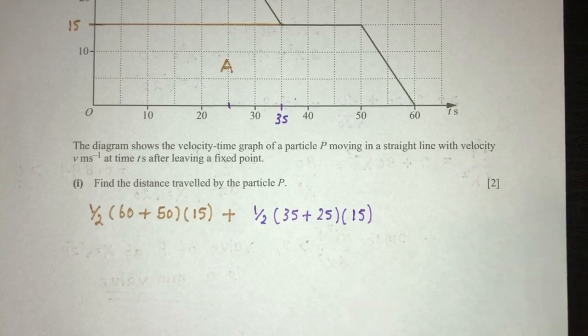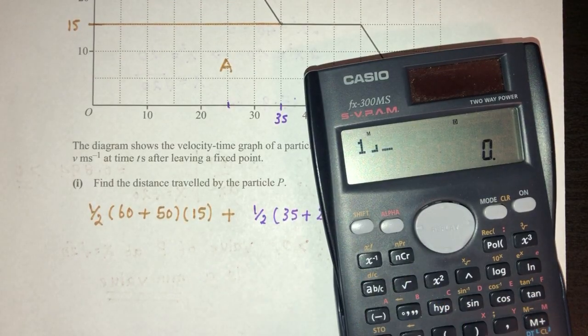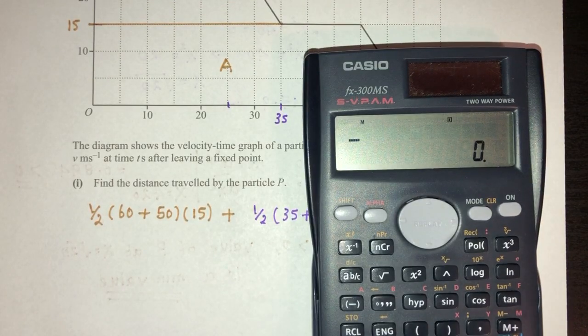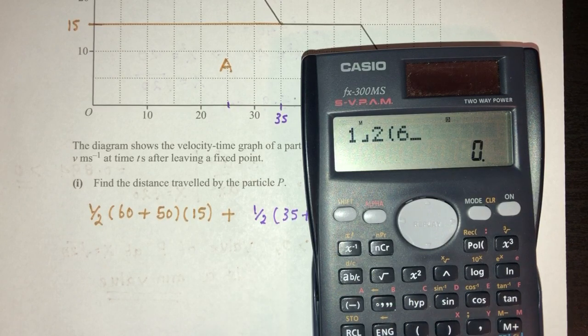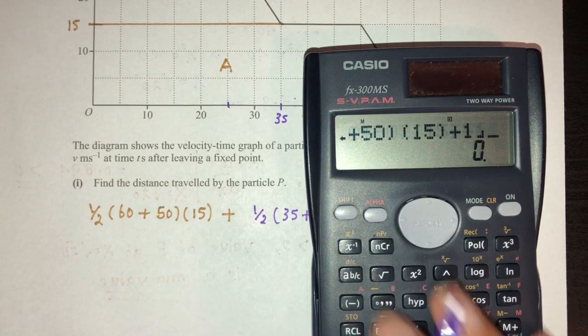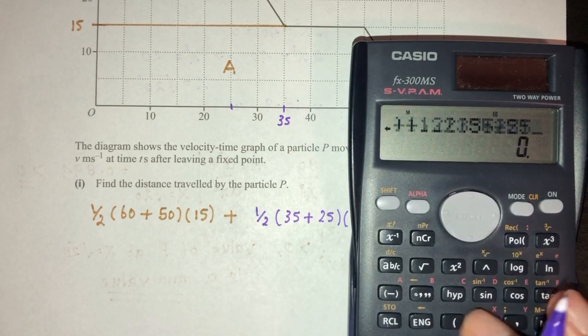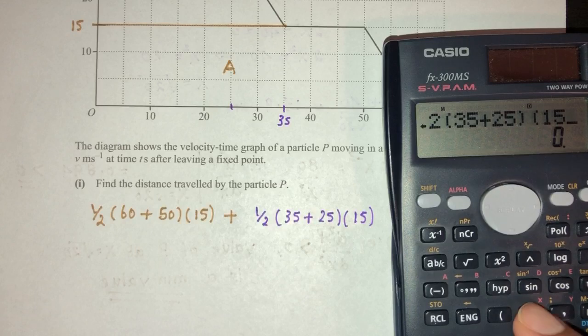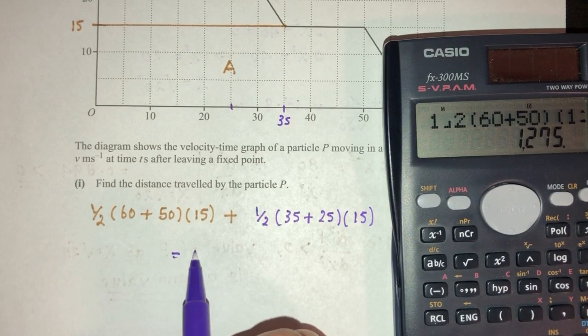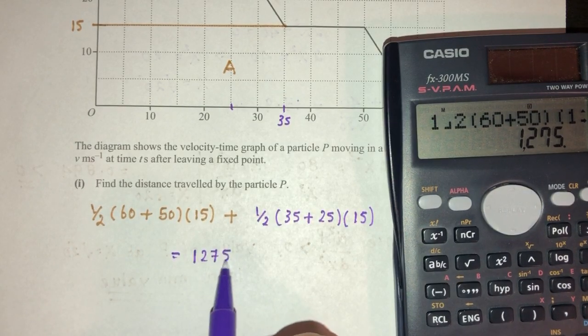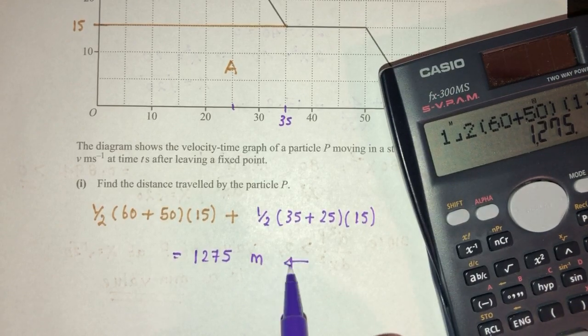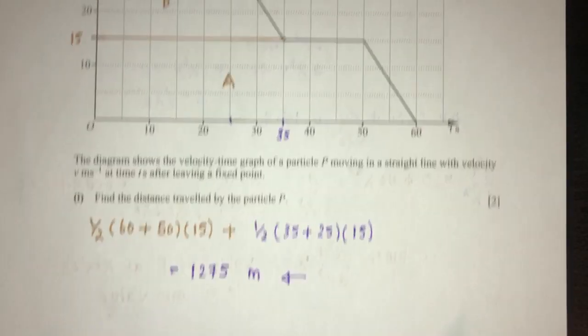So let's find that value. Half times 60 plus 50 times 15 plus half times 35 plus 25 times 15. That is 1275 meters for your distance travel, which is your area under the graph.